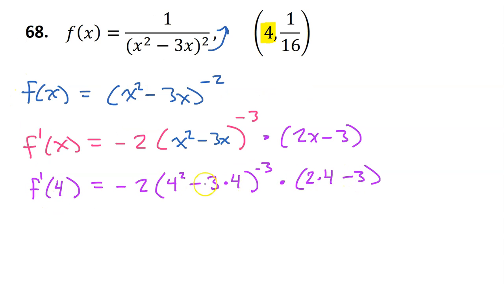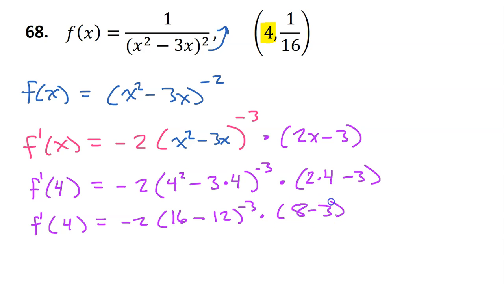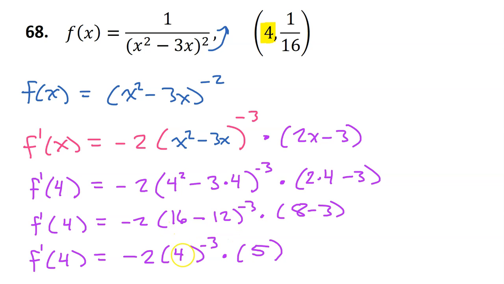So we have this so far, but let's simplify this down and see what we get. So we're going to have negative 2 times (16 minus 12) to the negative 3 power times (8 minus 3). And then 16 minus 12 is 4, 8 minus 3 is 5, so we have this.